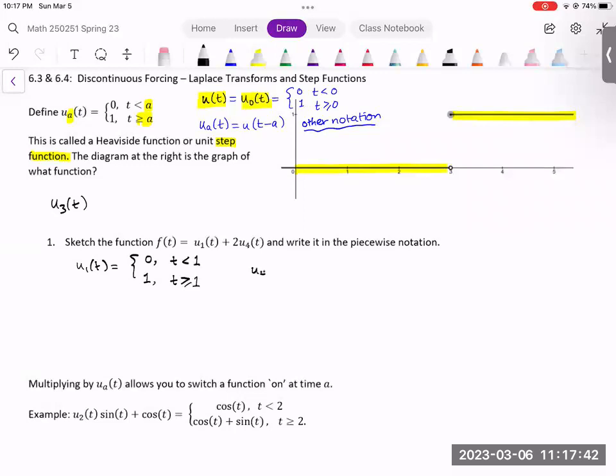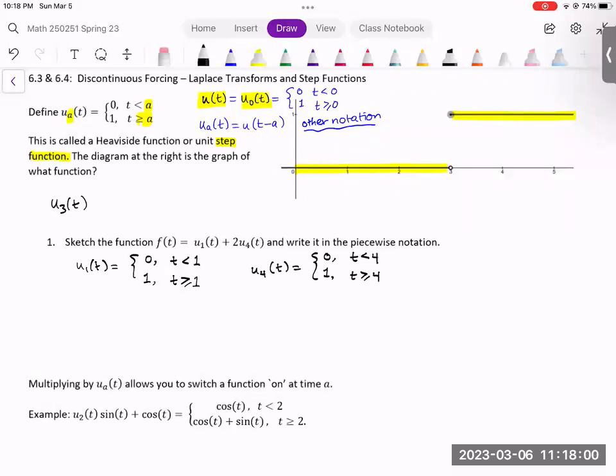And u_4 of t is 0 when t is less than 4, and 1 when t is greater than or equal to 4.